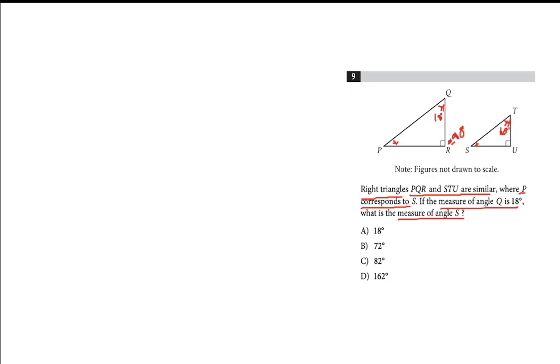That means angle U is also 90 degrees, as both triangles are similar. So now we create our equation. 180 degrees is equal to 18 plus 90 plus x. And our x is the same as the missing angle S.